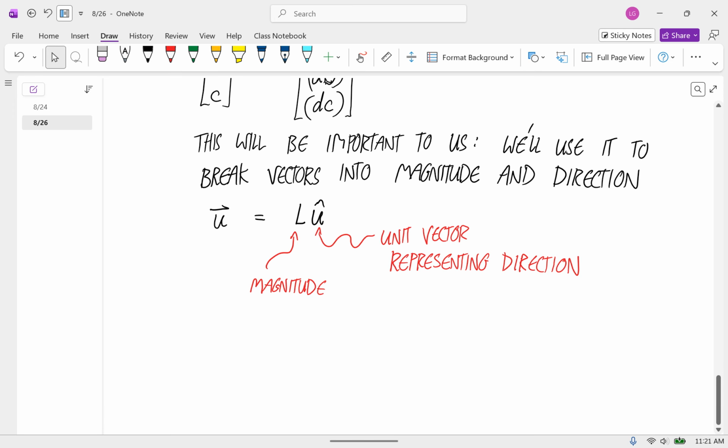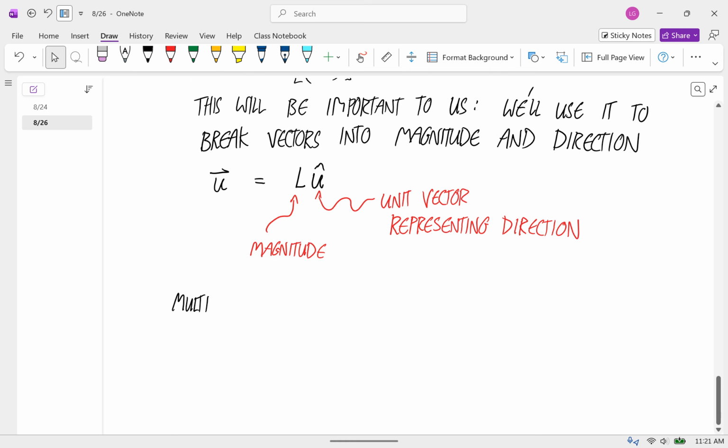Okay, the next thing we'll do is multiply two vectors together. And there are two ways to do this.